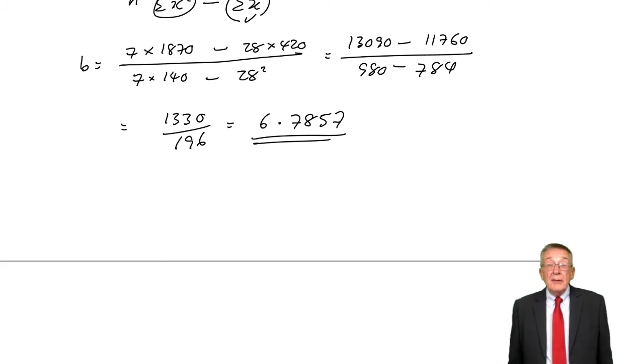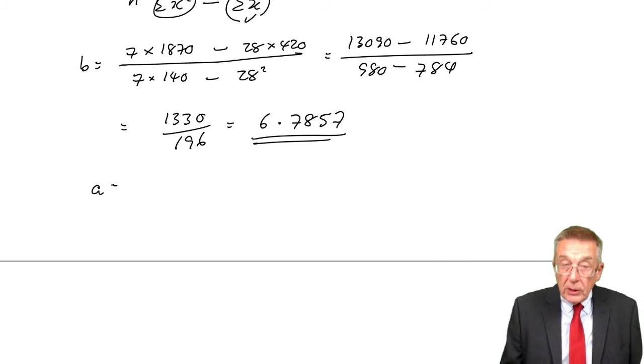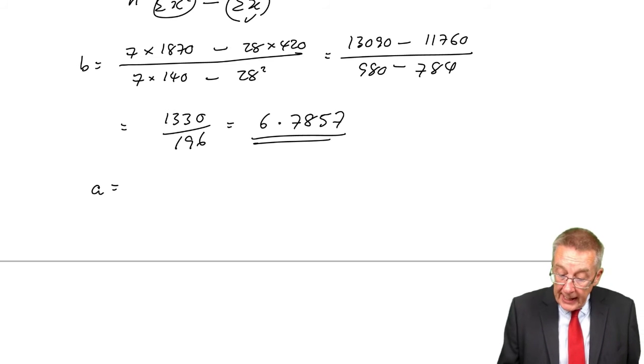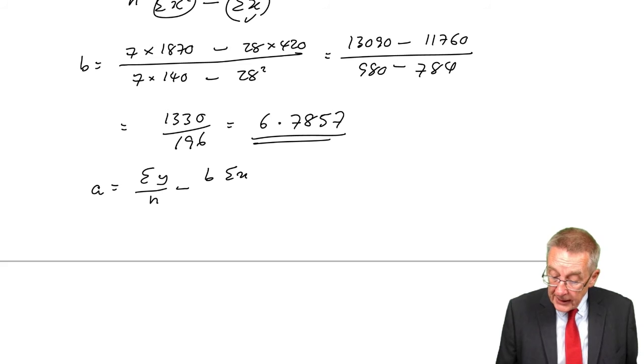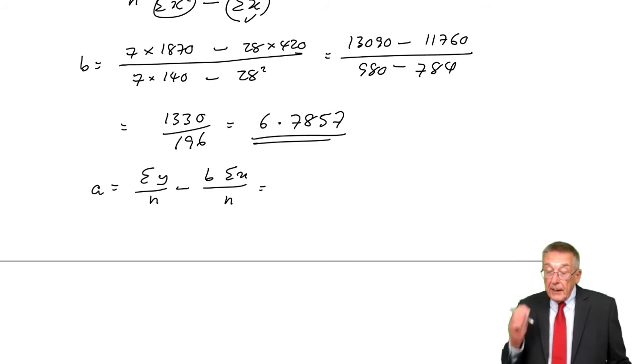Now we've got a figure for b, we can work out a. Because if you look back at the formulae, which yet again you will be given, a is sigma y over n minus b sigma x over n. And so this is pretty quick.